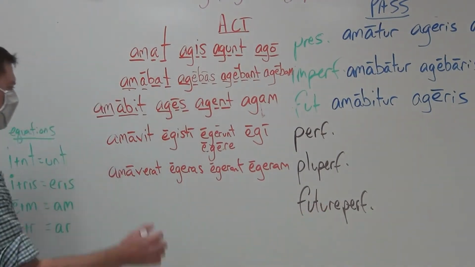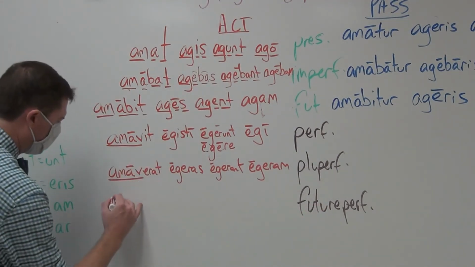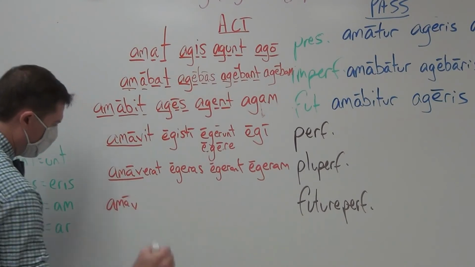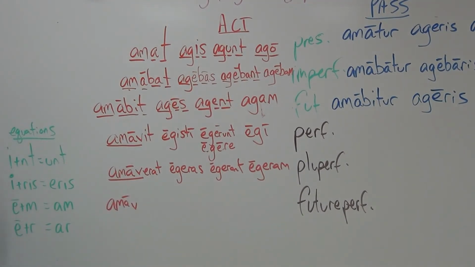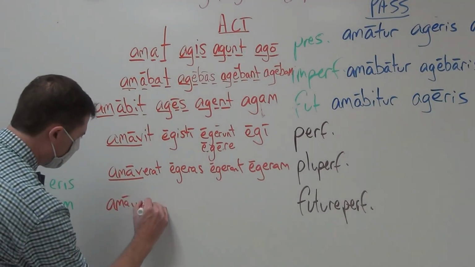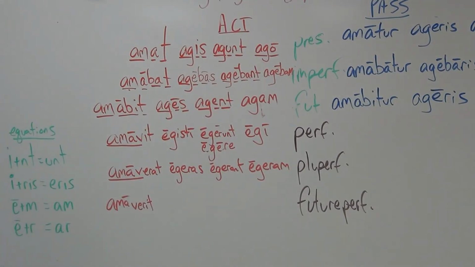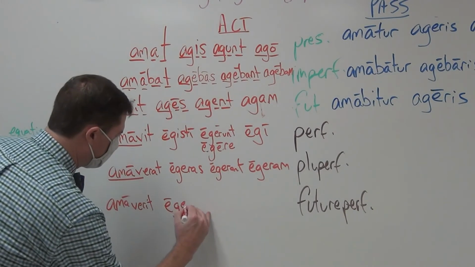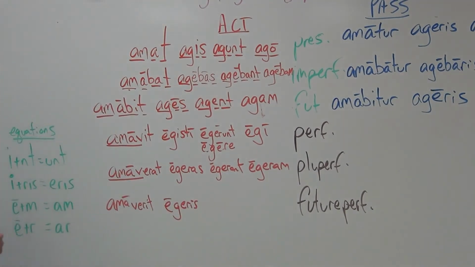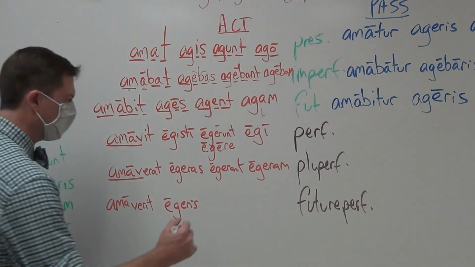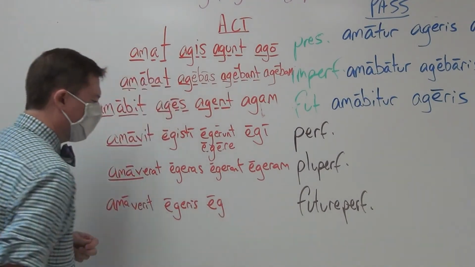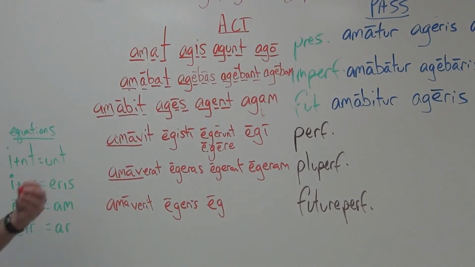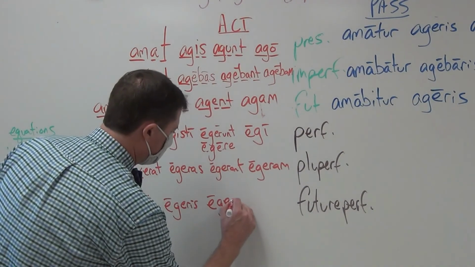Still, perfect stem, but ero, eris, erit, erimus, eritis, erint with an int. Eg, ero, eris, erit, erimus, eritis, erint.